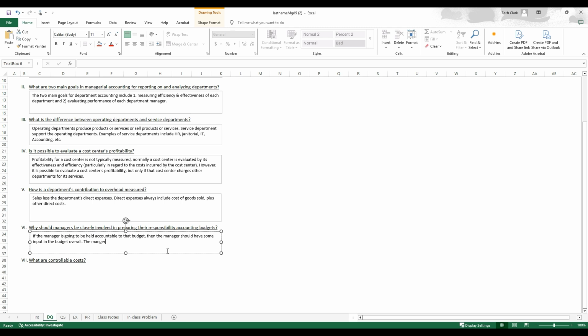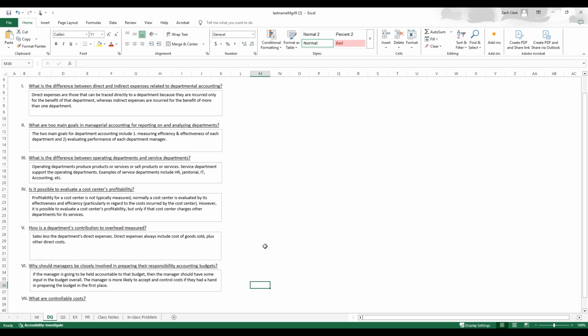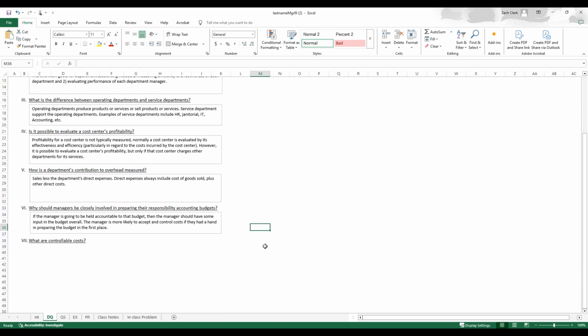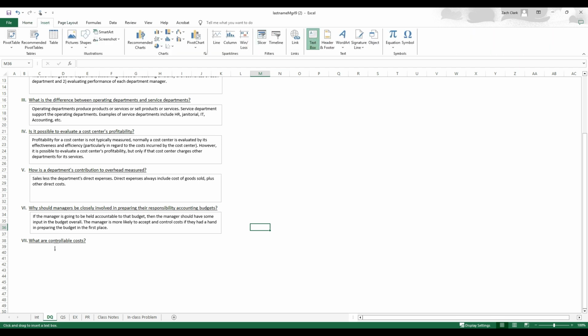The manager is more likely to accept and control costs if they had a hand in preparing the budget in the first place. Compare that to just being handed some sort of budget that you had no say in. As a manager, you're going to be the one who has the most information about your department and probably can help develop the most realistic budget.